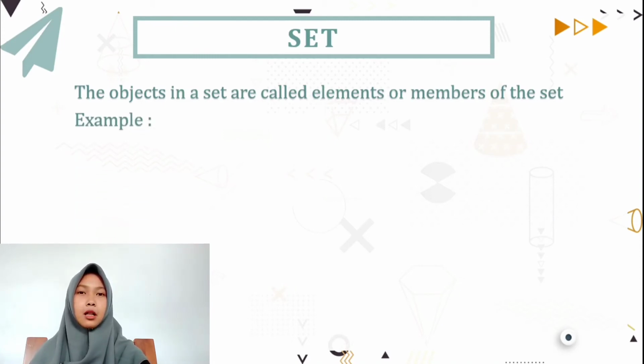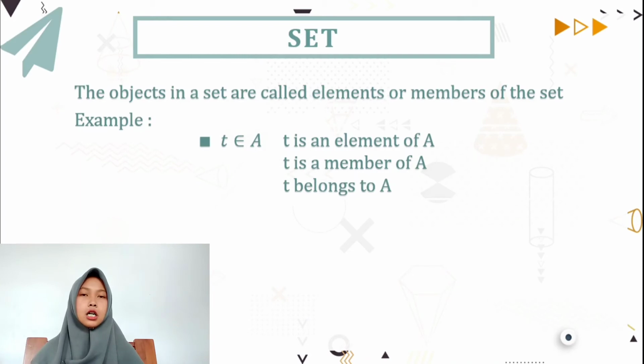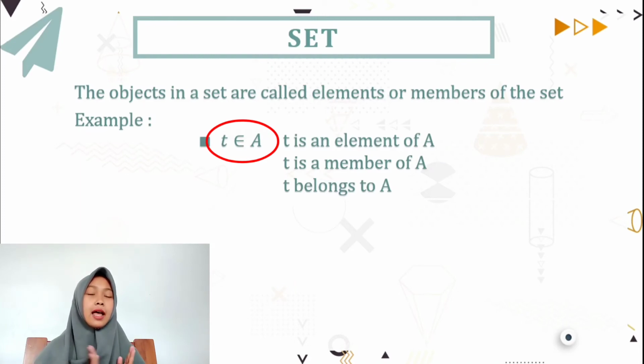For example, if there is an object T and a set E, we can write T is an element of E, or T is a member of E, or T belongs to E.